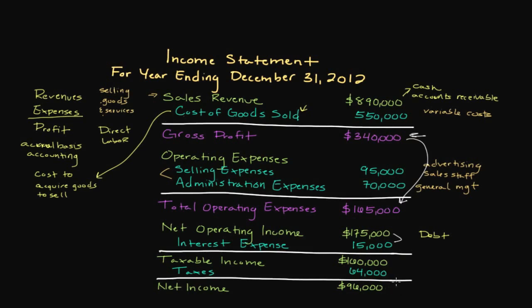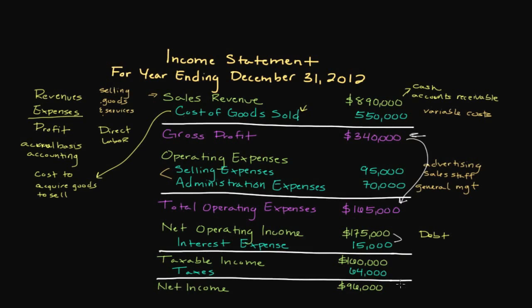And so at the end of this period, which is the entire year, ending December 31st, 2012, we generated $96,000 in profit. So after all of our expenses were paid, whether they're directly associated with producing the good or whether it's simply just operating expenses, taxes, and interest, that's the money that we were left over with.